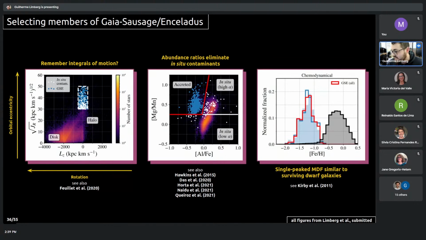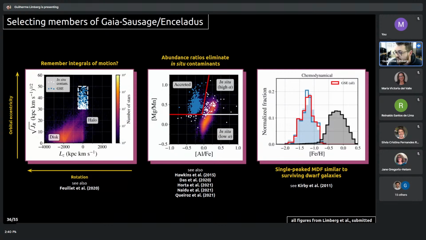And then what we can see is the metallicity distribution function that we obtain. The metallicity distribution function is just a fancy name for a histogram of metallicities. The metallicity distribution of this population actually forms a very strongly peaked distribution. So, okay, this is reassuring because this is exactly the behavior that we see in surviving dwarf galaxies.